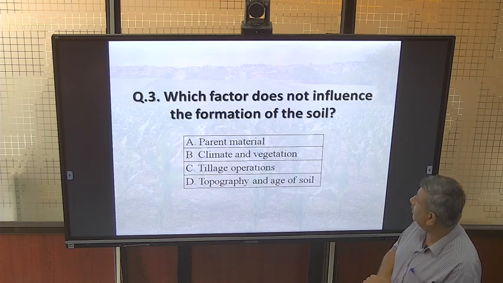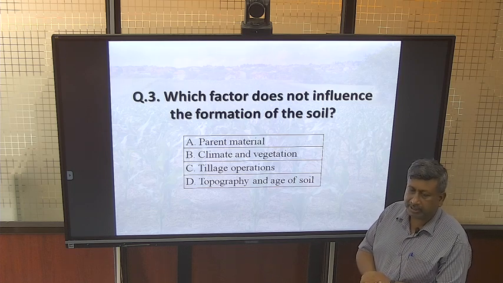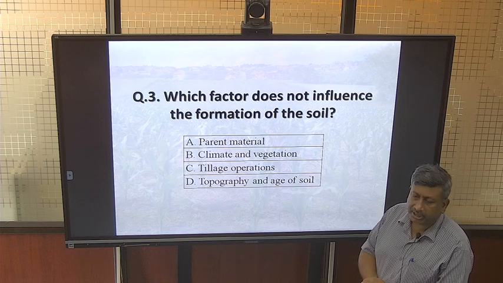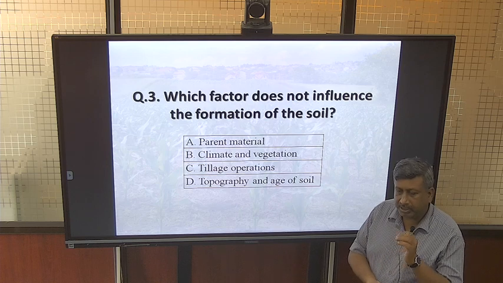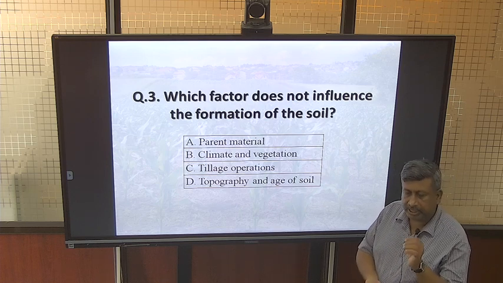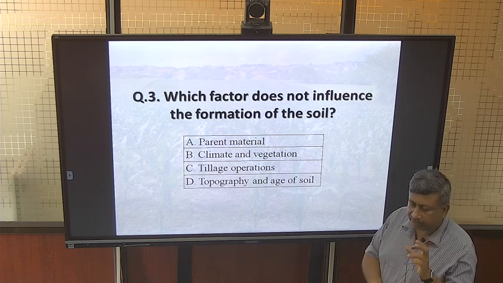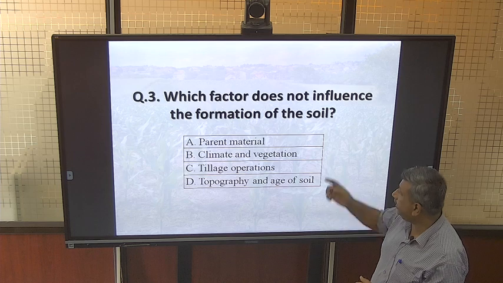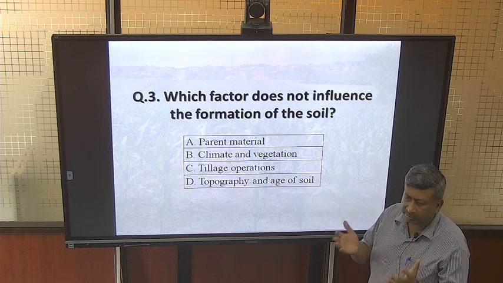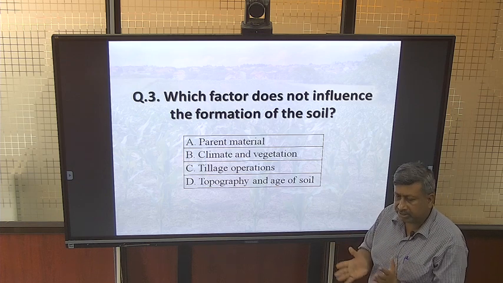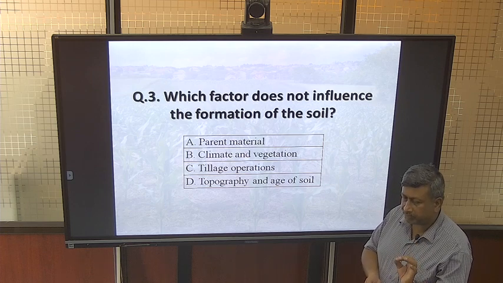Then, which factor does not influence the formation of soil? Soil formation is a long process, and there is a formula for soil formation: CLORPT.